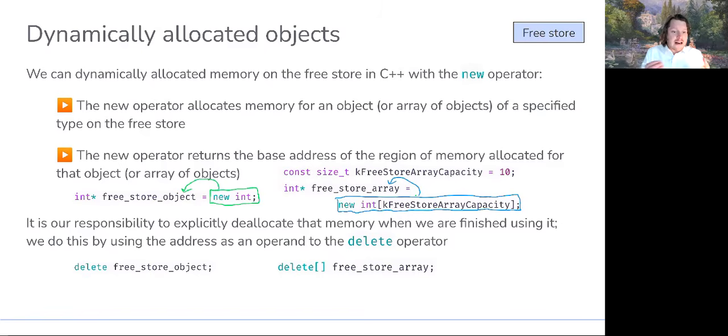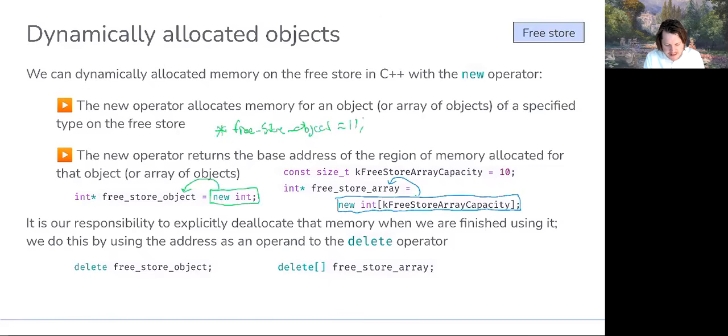Now, we can interact with our new integer object by dereferencing that variable. If we wanted to assign the value of 11 to the free store object pointed to by free store object, we'd dereference that address, interpret it as an integer, and put the value of 11 into it.